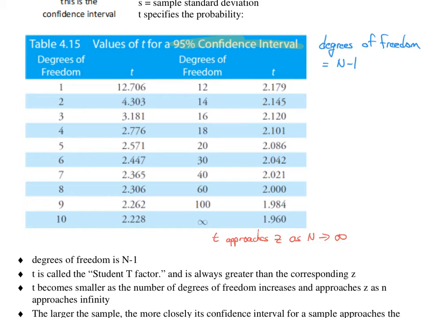Essentially what that means is that we're moving from sample statistics to population statistics as the number of trials goes to infinity. In other words, the larger the sample, the more closely the confidence interval approaches the confidence interval for the population.